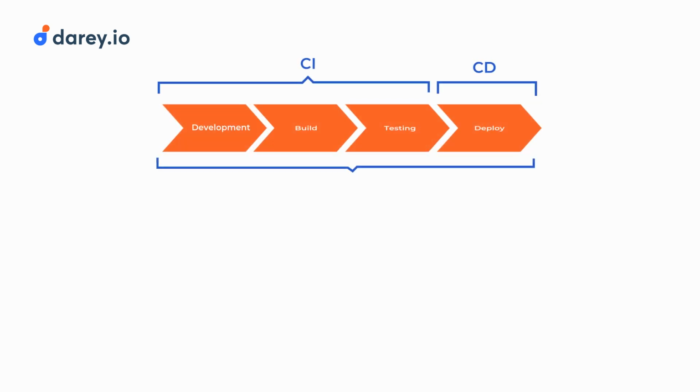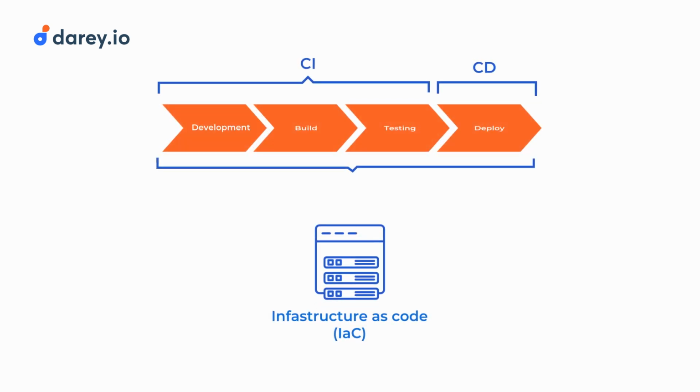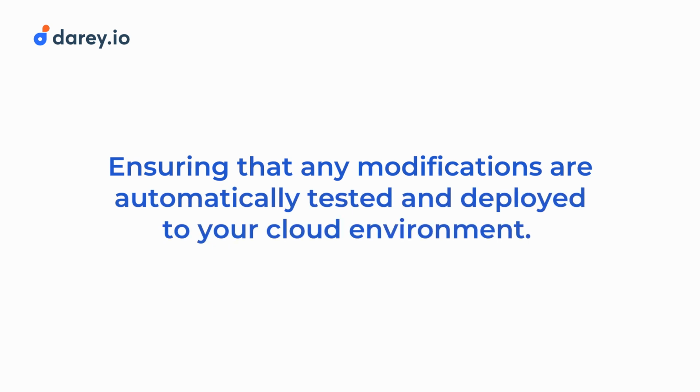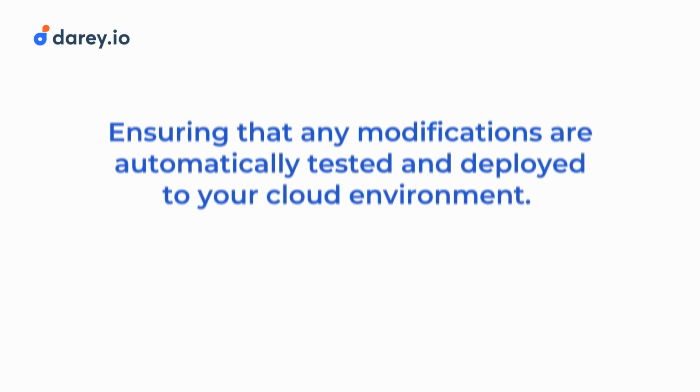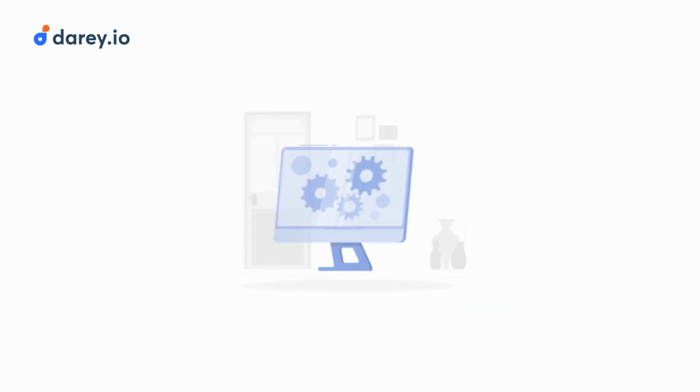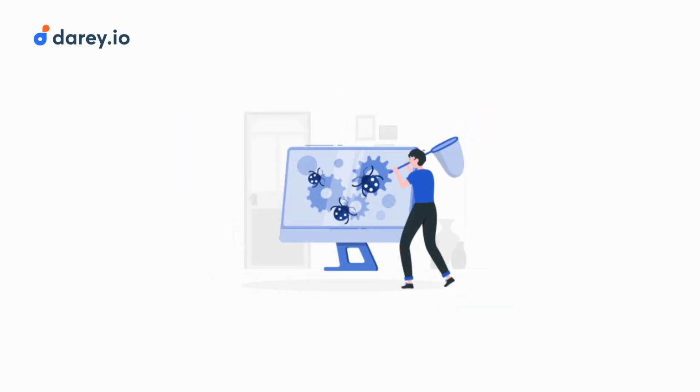Using CI/CD pipelines for infrastructure as code, you can create CI/CD pipelines that trigger on changes to your infrastructure code, ensuring that any modifications are automatically tested and deployed to your cloud environment. This allows you to catch errors early and maintain a reliable infrastructure setup.